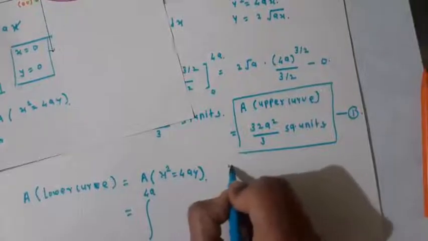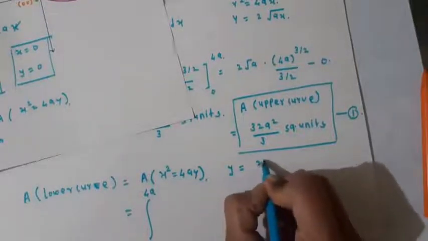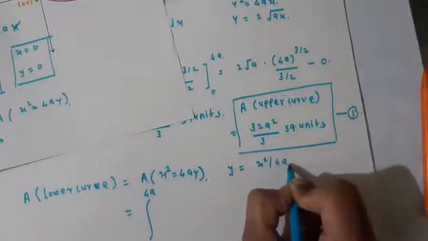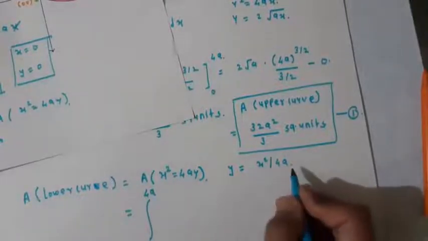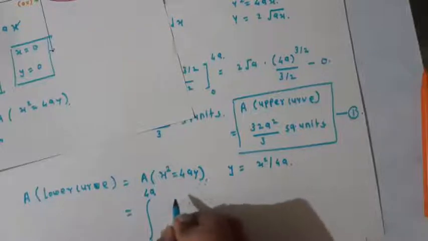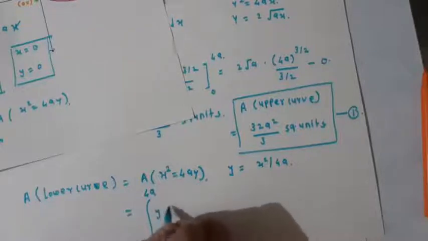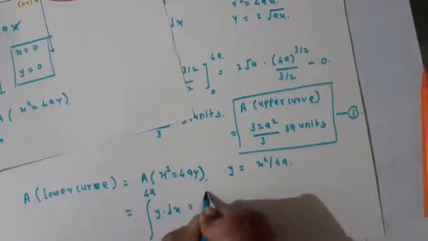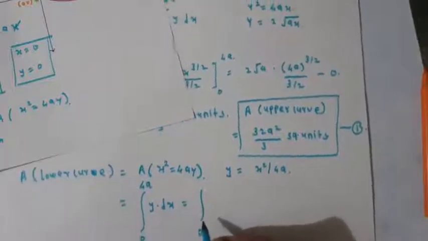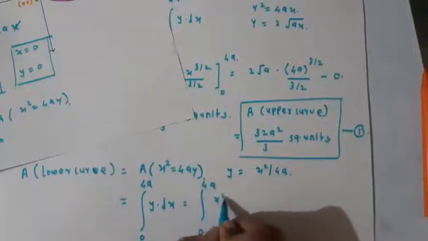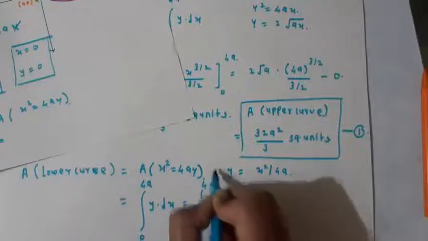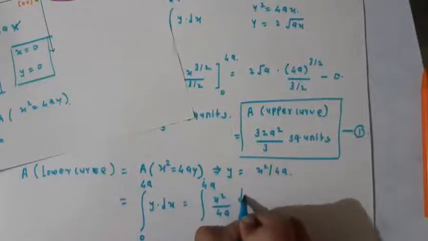So the curve is x square upon 4a. Here the value of y equals x square upon 4a. I am going to integrate with respect to x. Okay. Now this is y with respect to x, and limits of integration 0 to 4a, x square upon 4a with respect to x.